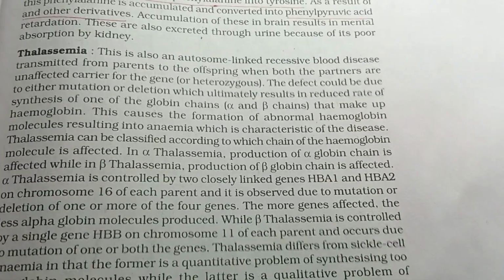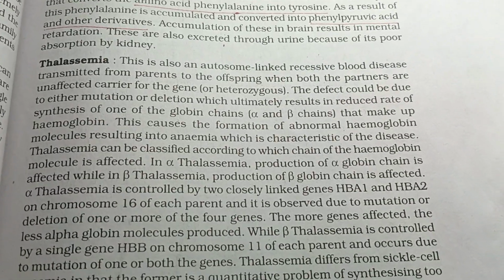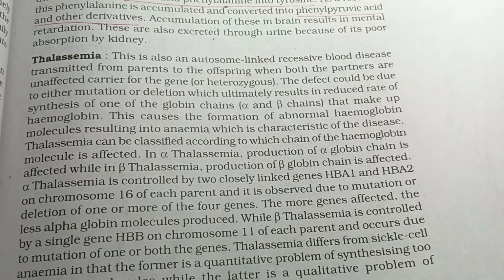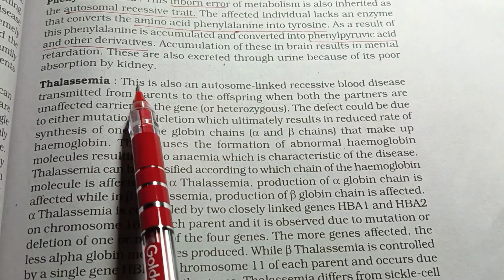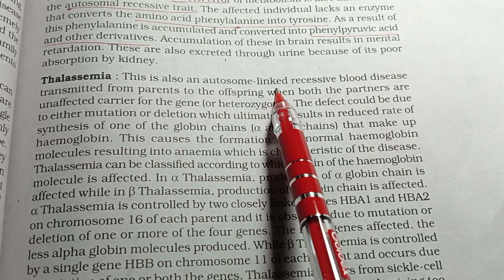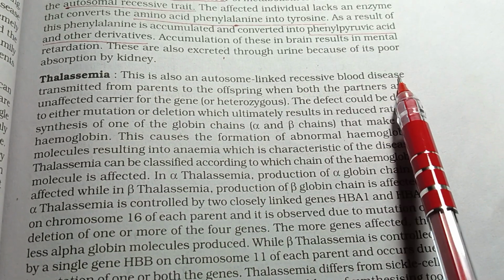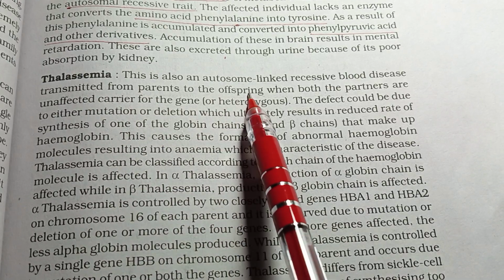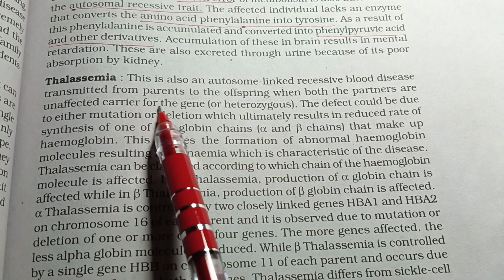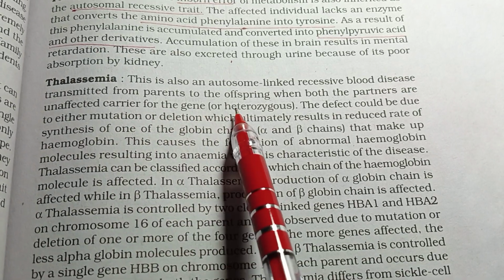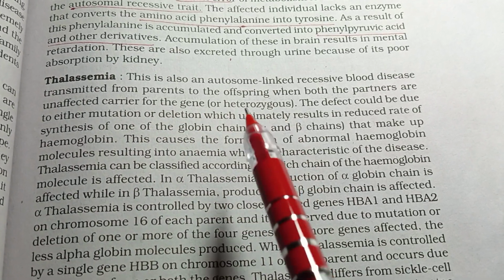Now, thalassemia is very important from the point of view of questions. Okay. So thalassemia में क्या होता है कि this is also an autosome linked recessive blood disease transmitted from parents to the offsprings when both the parent partners are unaffected carrier for the gene or heterozygous.